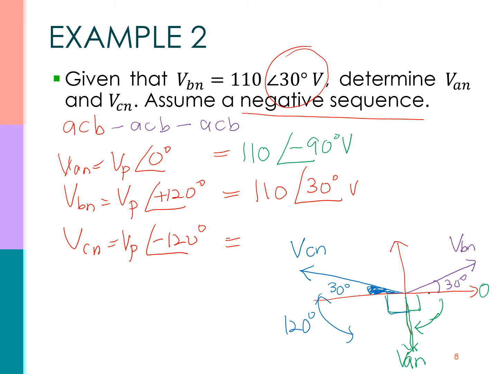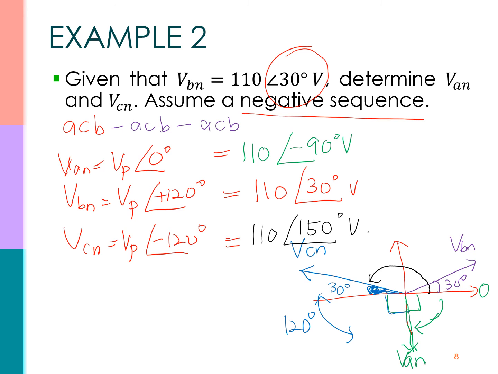So from 0 to here, 180 minus 30 degree is 150 degree volt. Okay, so that's how you determine the angle for VAN and VCN.